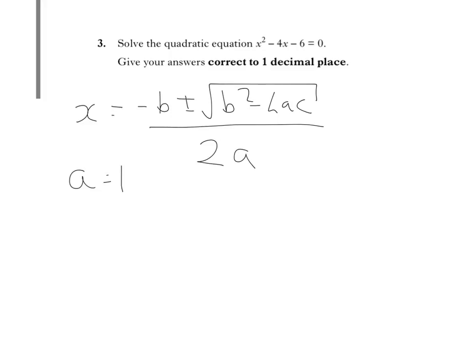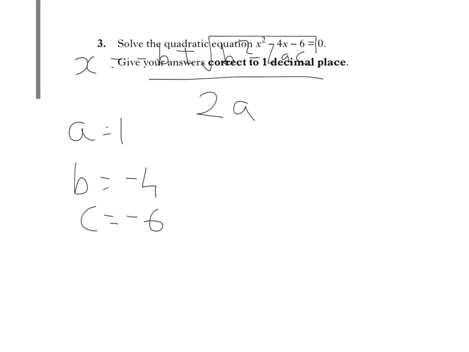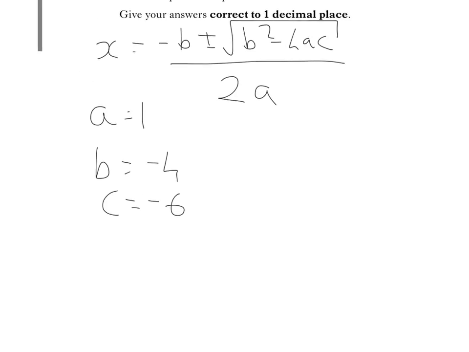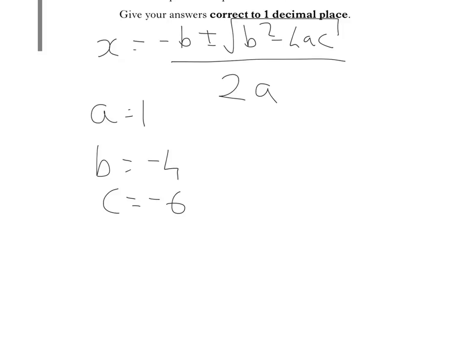So a is equal to 1, b is equal to minus 4, and c is equal to minus 6. So it's just about plugging this information now into the formula. So x equals, well, if b is minus 4, minus b will be plus 4, plus or minus the square root of b squared minus 4ac over 2a.